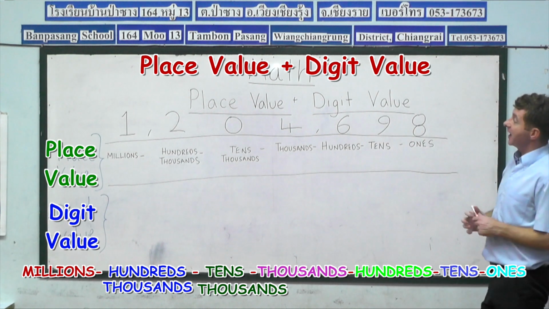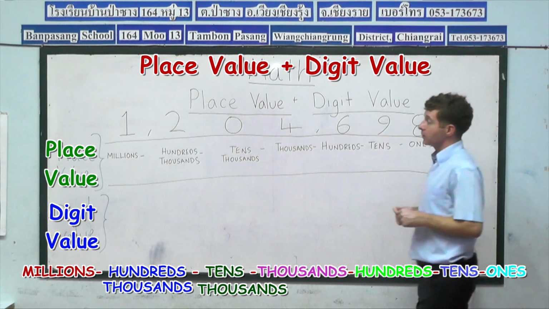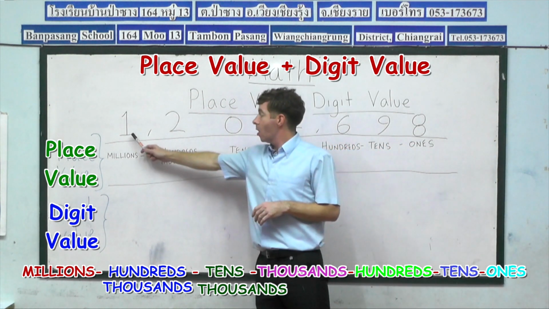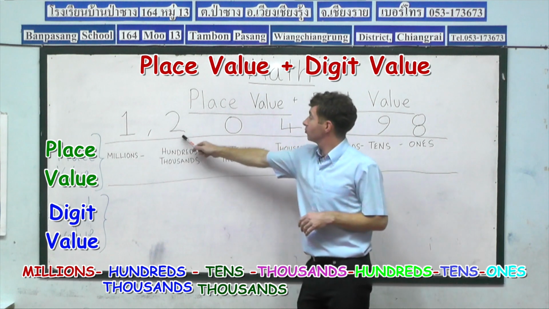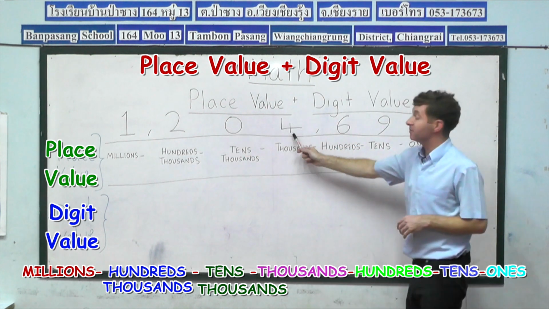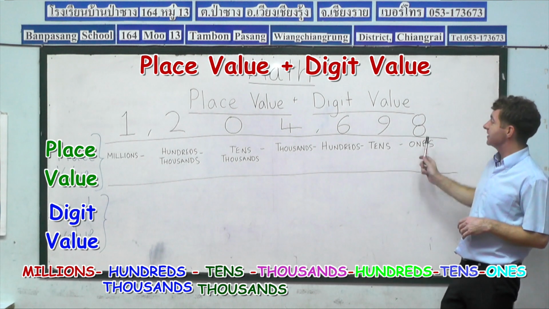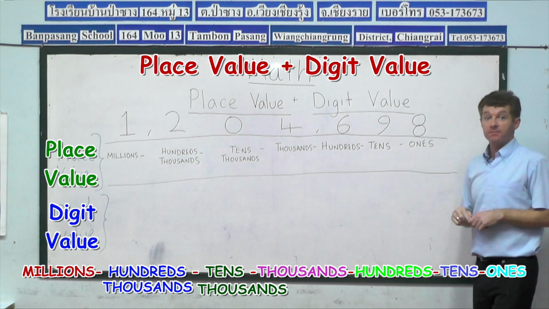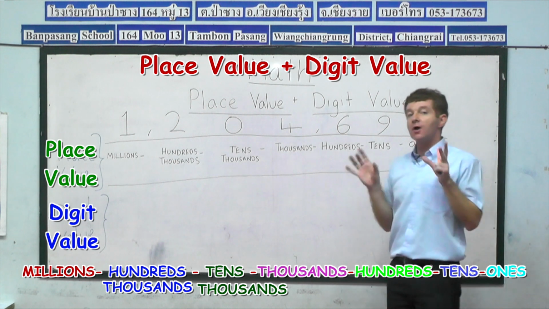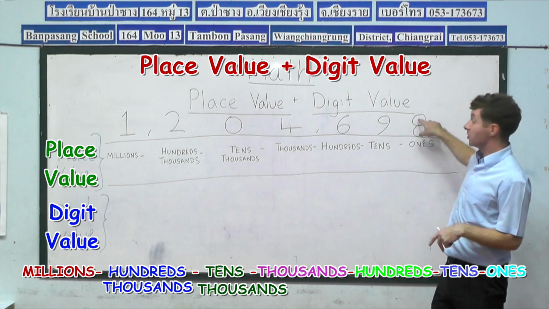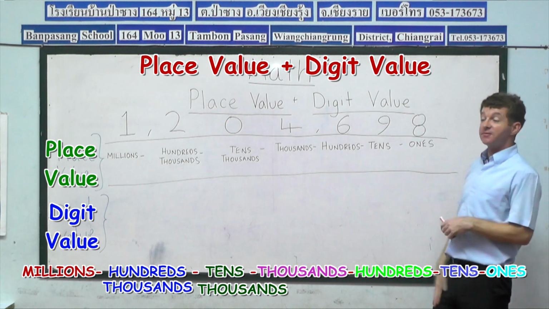Okay, so we have our digits on the board now. Let's read together. 1,204,698. Excellent.